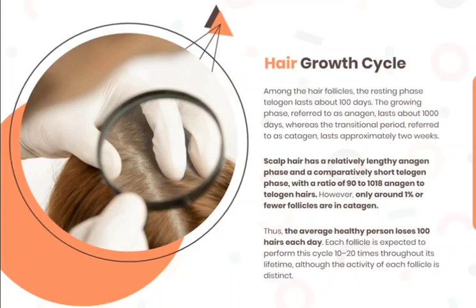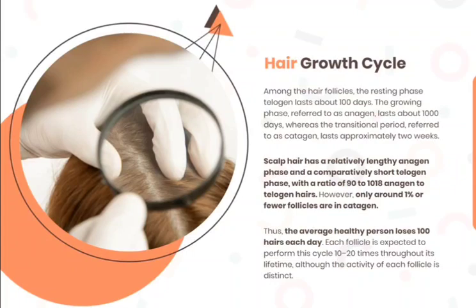The growing phase, referred to as anagen, lasts about 1,000 days, whereas the transitional period, referred to as catagen, lasts approximately 2 weeks.